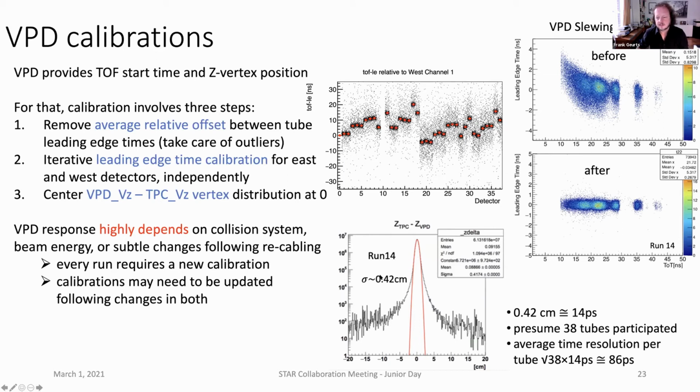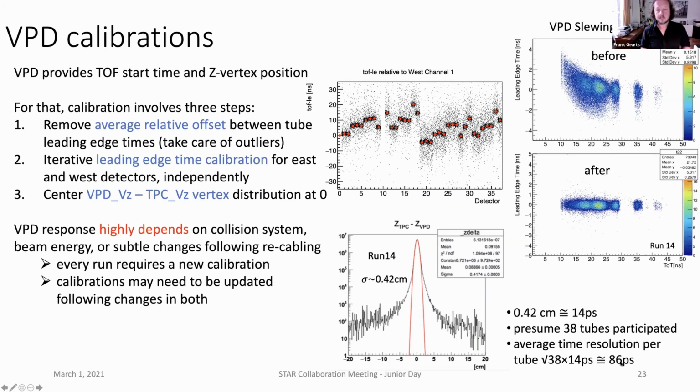If you look at this resolution that you often see in these kinds of plots, you can see that something on the order of half a centimeter would be something like 15 picoseconds. Presuming that, in gold on gold at 114, all tubes contribute in this measurement, you see that typically an average VPD resolution per tube is on the order of 85 picoseconds.